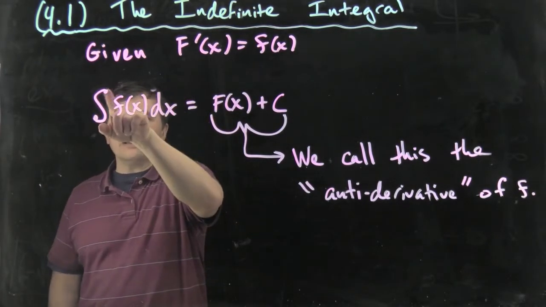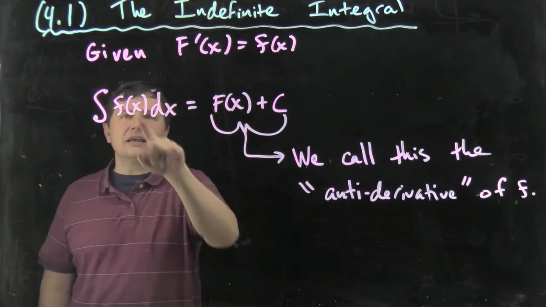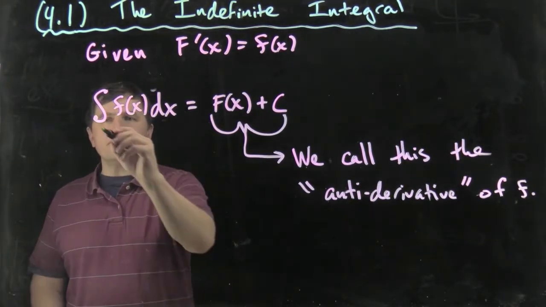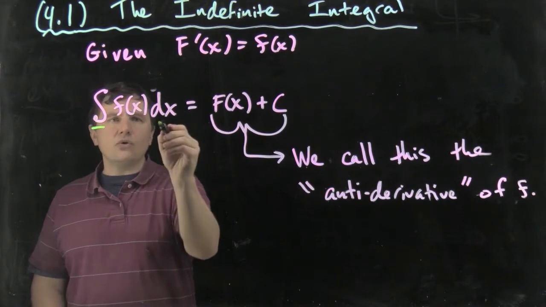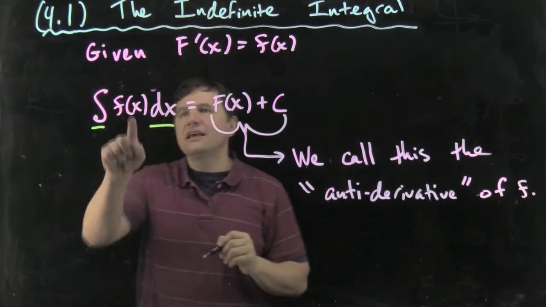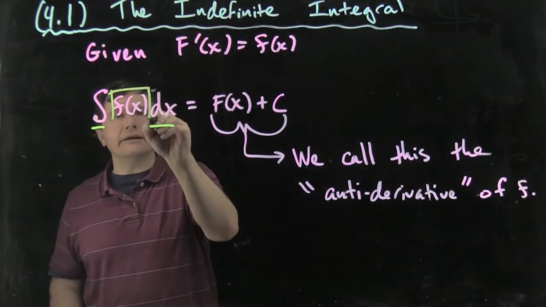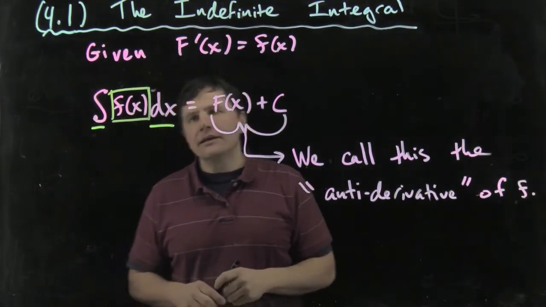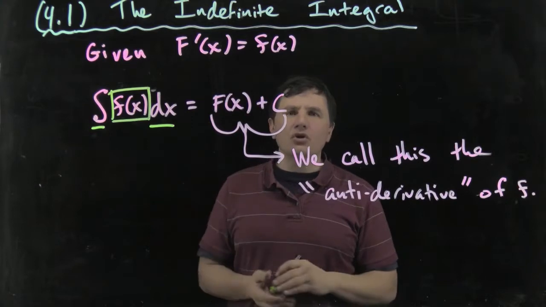So we get kind of like this fancy S sign, f of x and dx. So it's almost like these are part of an operation, the integral and the dx. This is what we're integrating, okay? This is what's referred to as the integrand. And this terminology I'll use.